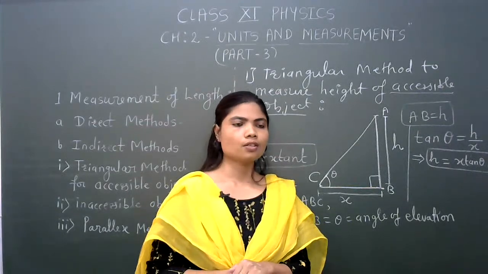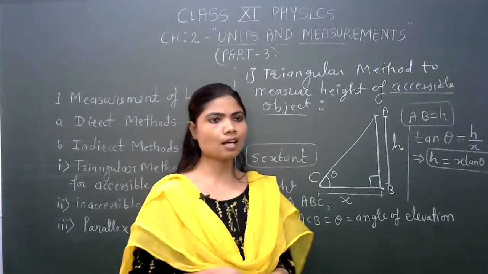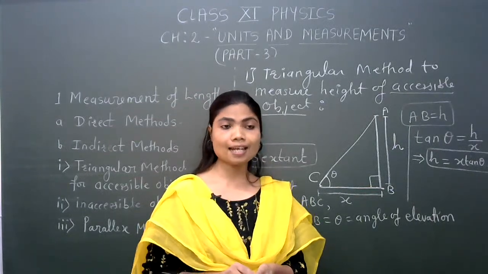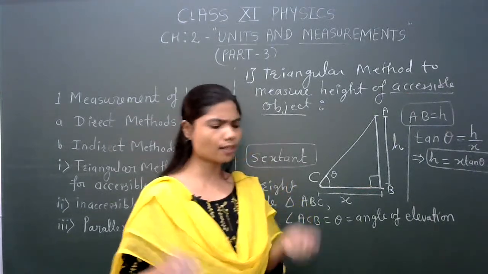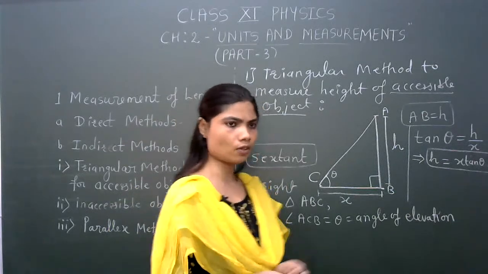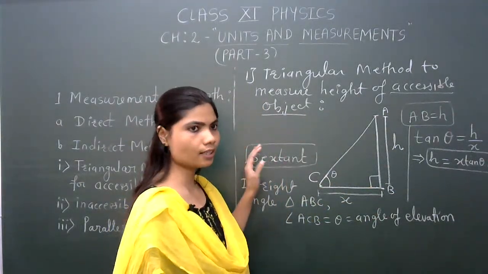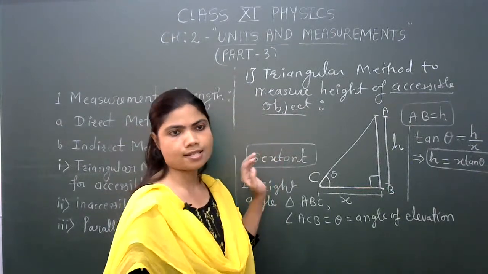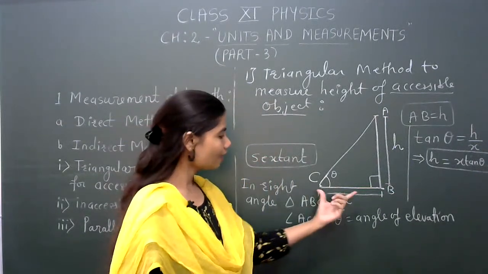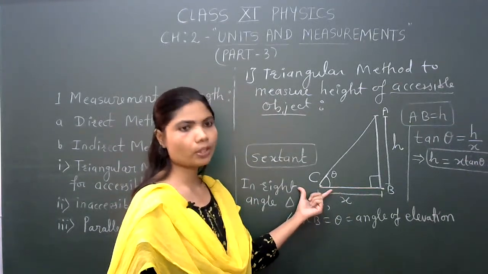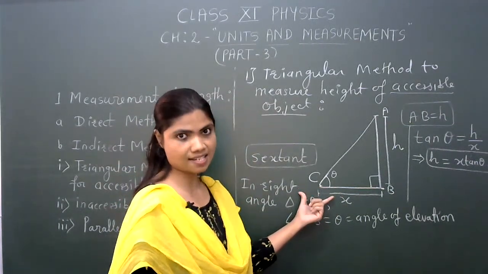Okay, so should we start with the next one? Triangular method for an inaccessible object? Yes, you are already there, right? Half of the knowledge is already with us. We have already considered how to find the height of an accessible object; we are only extending things a little more, because now the object is inaccessible.